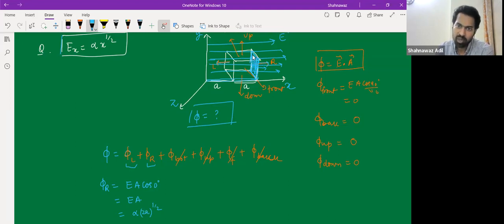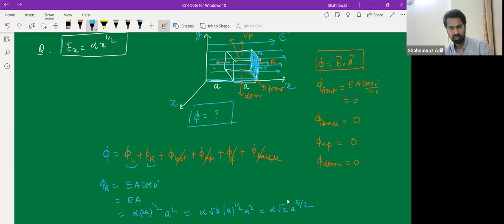And area would be how much? For this, this is a, and this is a. So this would be alpha root 2a to the power half and a square. So this would be simply alpha root 2 a to the power 5 by 2. Understood? Saad, did you get this point?